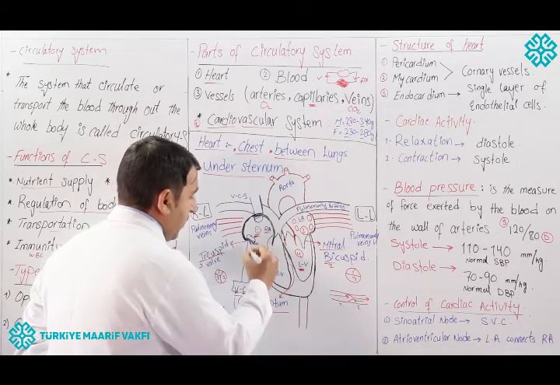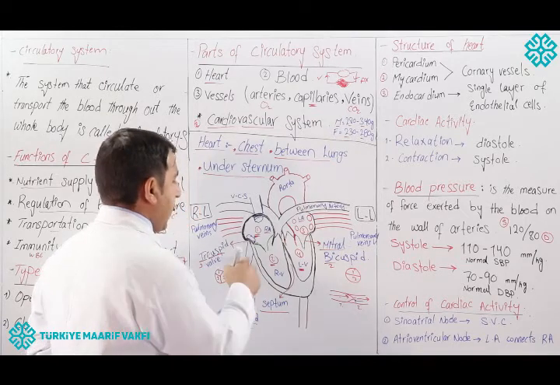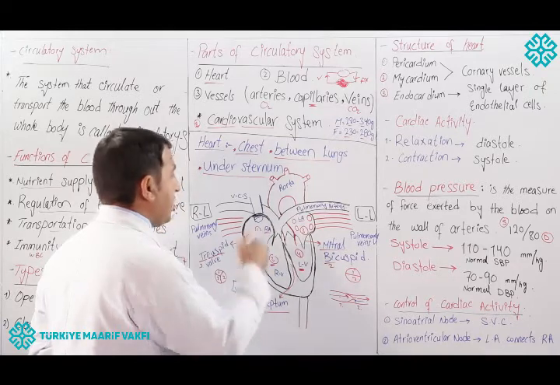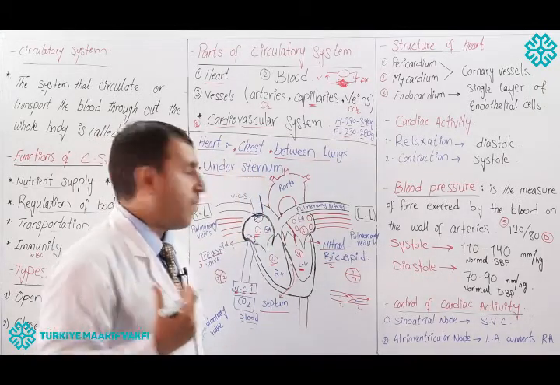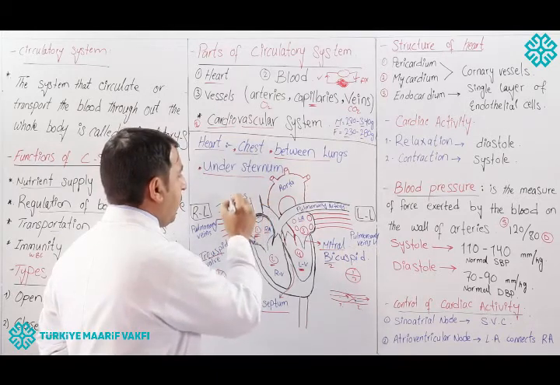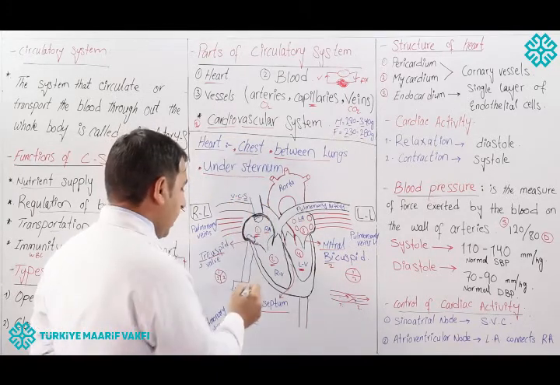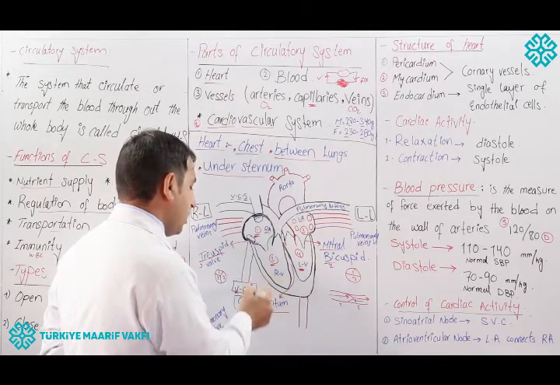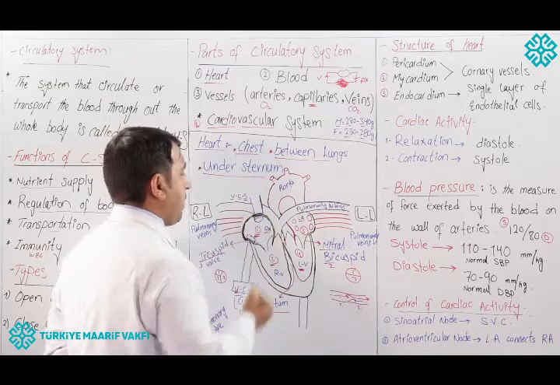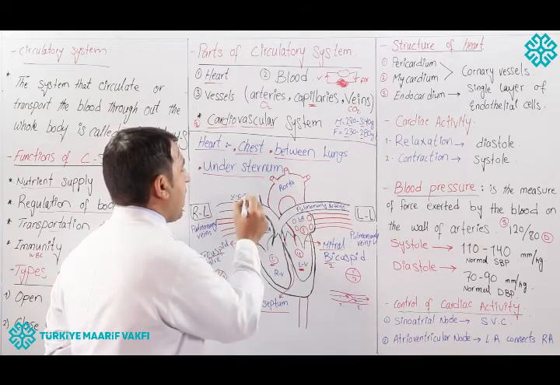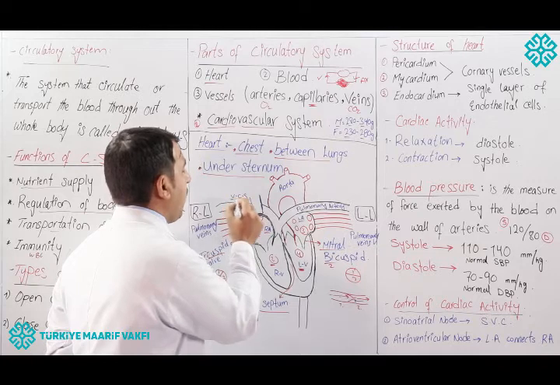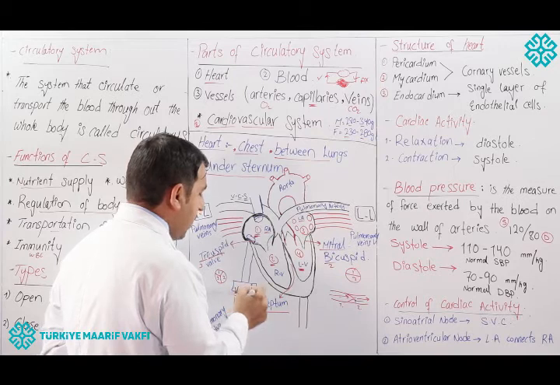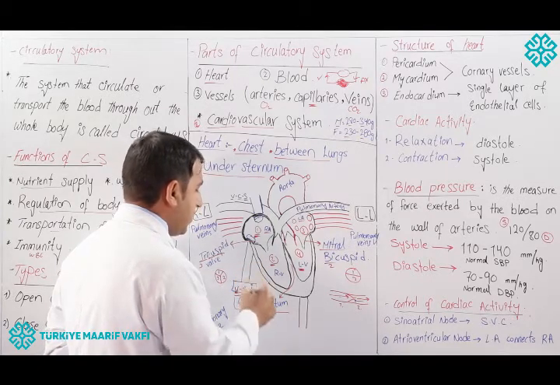So the name of this vessel is vena cava inferior, and we also have another vein which collects the deoxygenated blood from the upper parts of our body, that is called vena cava superior. Inferior means lower part, and superior means upper part. So the vena cava superior is located in the upper part of the heart, and the vena cava inferior in the lower part.